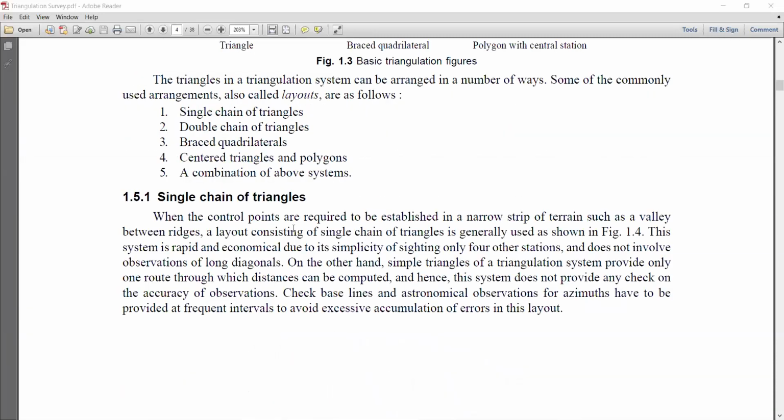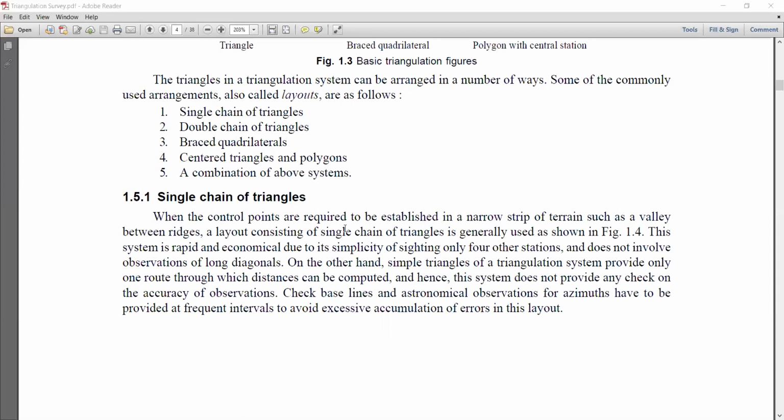When control points are required to be established in a narrow strip of terrain, narrow terrain meaning where we cannot accommodate a large area, only a restricted area, such as a valley between ridges, a layout consisting of a single chain of triangles is generally used.